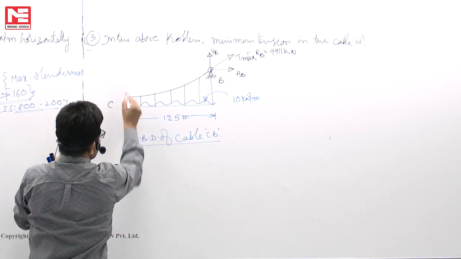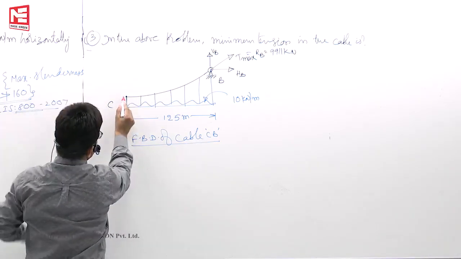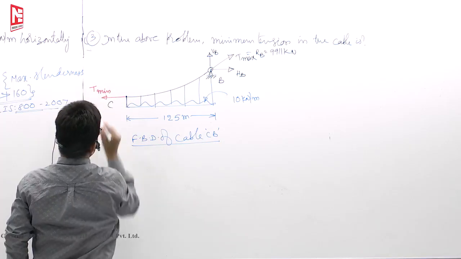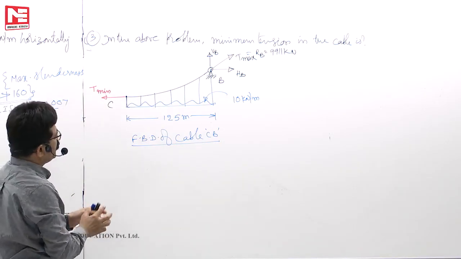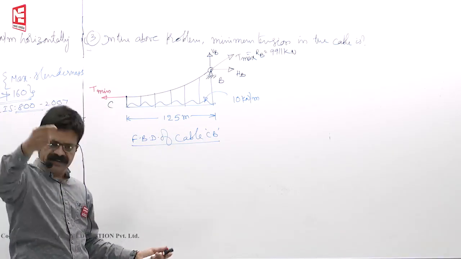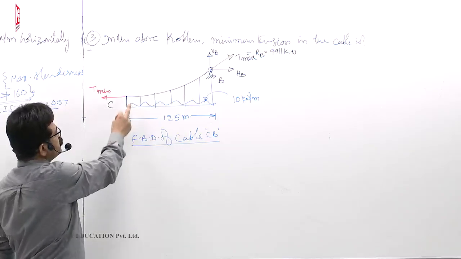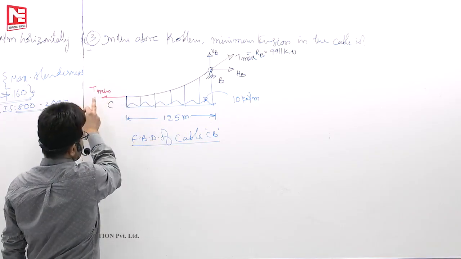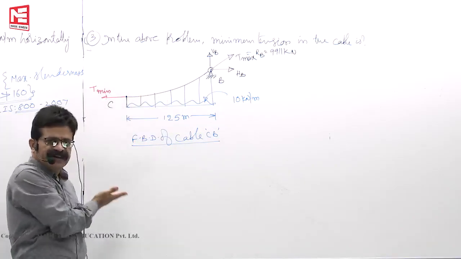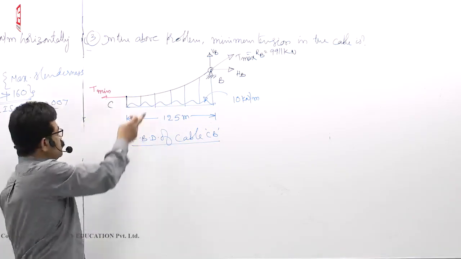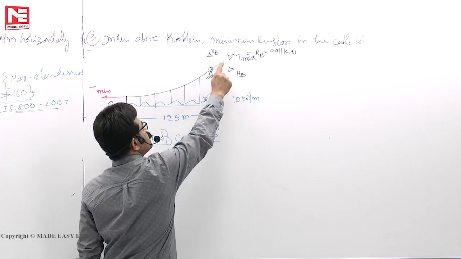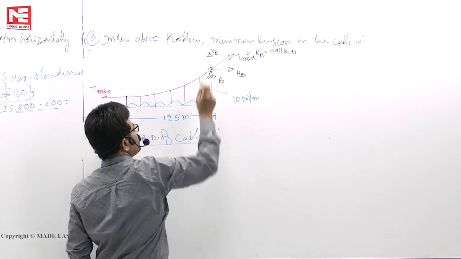Now, when you cut the cable here, the other half of the cable will exert a tension like this, which we call the minimum tension. Why it is minimum is, at this point, tension will always be along the axis of the member. So this is T minimum, or T, let us say. No vertical component here because at the lowest point, if you drop a tangent, it's horizontal. So tension is also horizontal. Whereas here, the tension has two components, x component and y component.